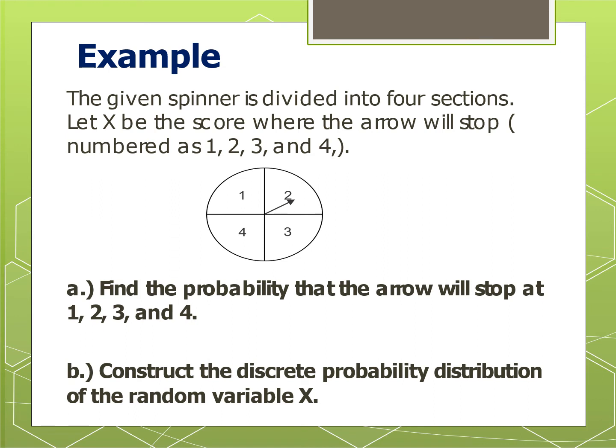Let's have another example. The given spinner is divided into 4 sections. Let x be the score where the arrow will stop, numbered as 1, 2, 3, and 4. Find the probability that the arrow will stop at 1, 2, 3, and 4, and construct the discrete probability distribution of the random variable x.